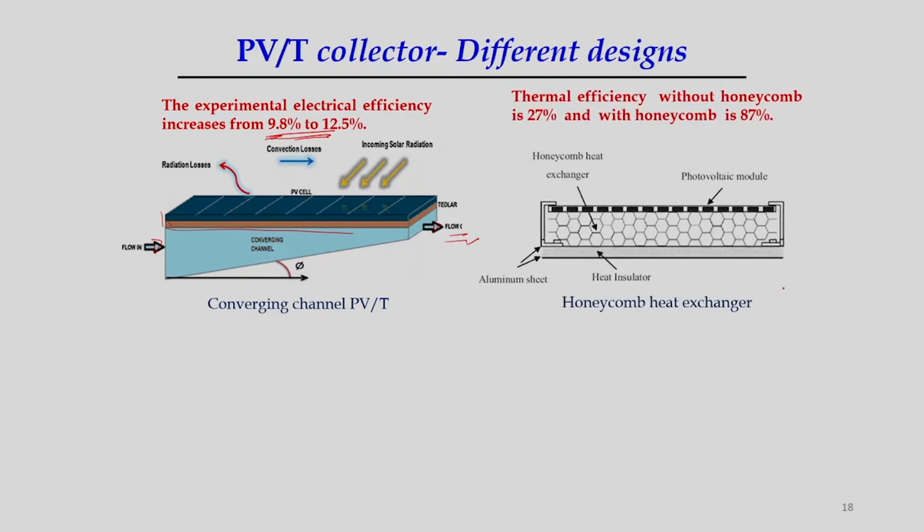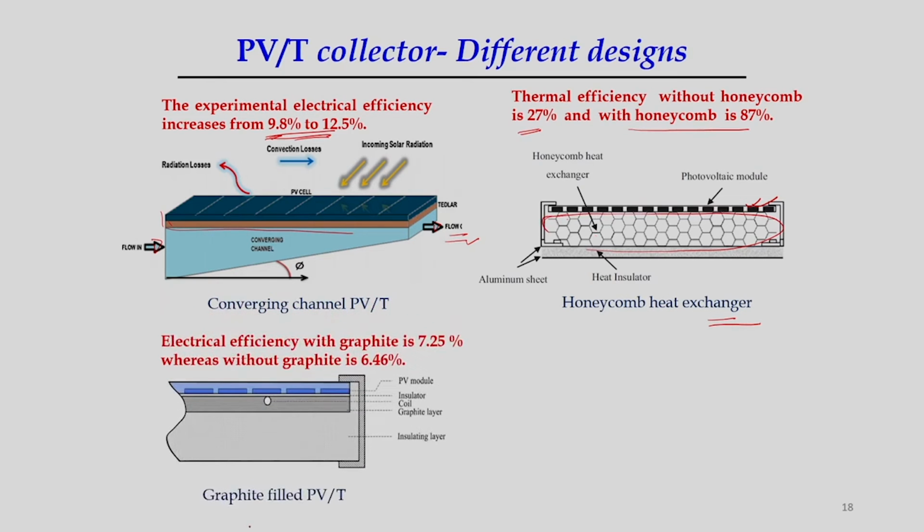This is another structure that is called honeycomb heat exchanger. So, in this structure, thermal efficiency without honeycomb is about 27% and with honeycomb it is reported to be 87%. So, this is the PV module and this is just beneath the PV module.